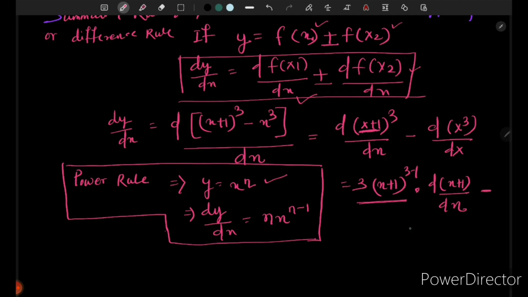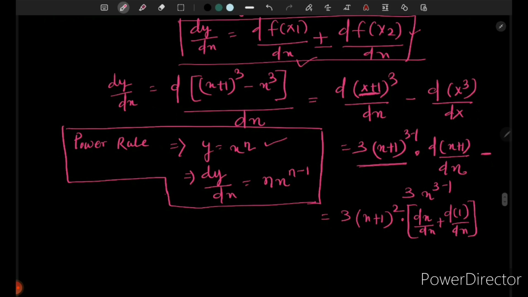Again power rule, so n is 3, x to the power 3 minus 1, which is equals to 3 into (x plus 1), 3 minus 1 is 2, into, so again addition rule will be applied here. So derivative of x with respect to dx plus derivative of 1 with respect to dx, and put it within a bracket.